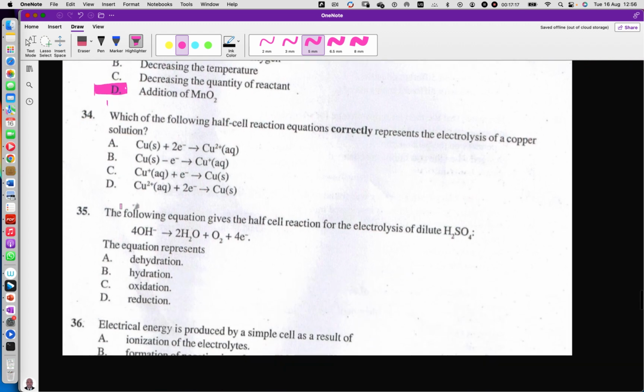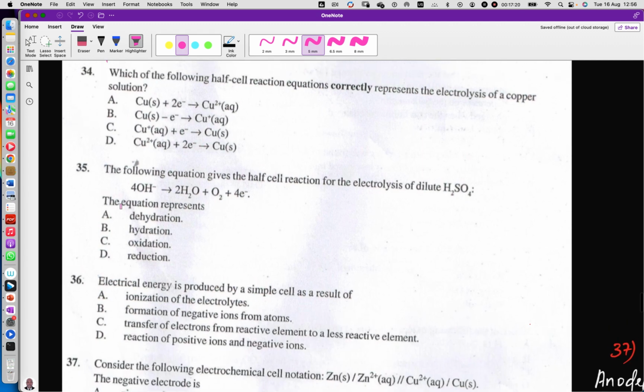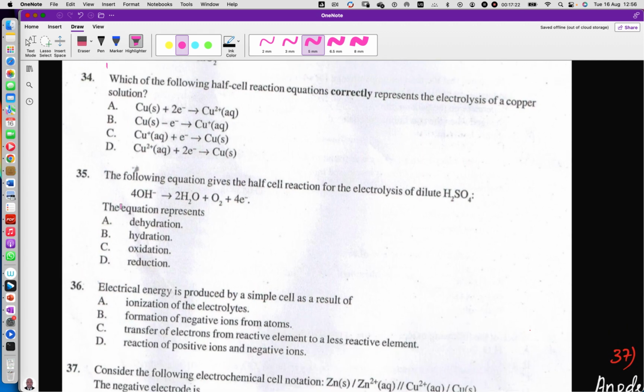Okay, let's go for question number 34. Which of the following half-cell reaction equations correctly represents the electrolysis of a copper solution?